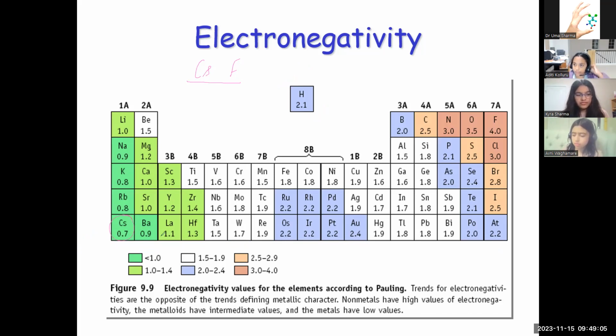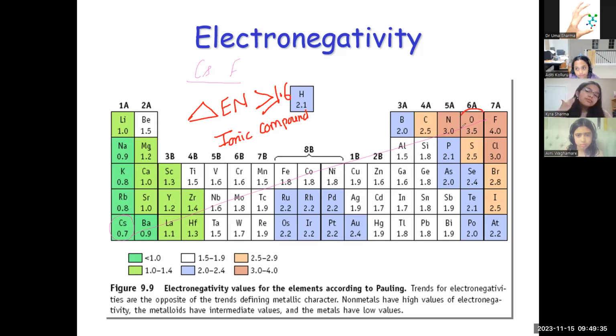So you will get an ionic compound when the difference in electronegativity is very high. Difference means delta, change. Big delta this time. When the difference of electronegativity is greater than or equal to 1.6, then it is an ionic compound.